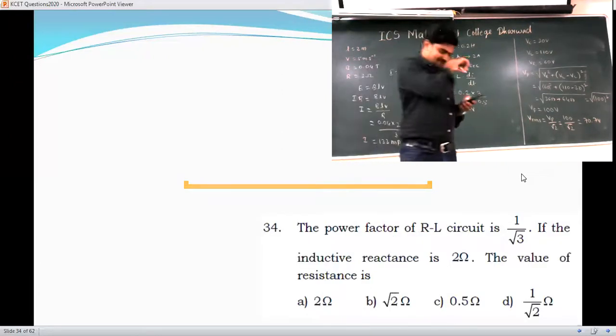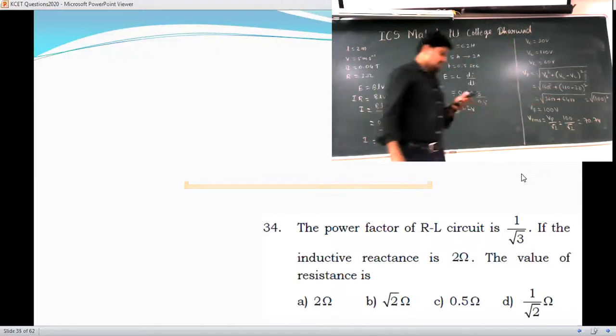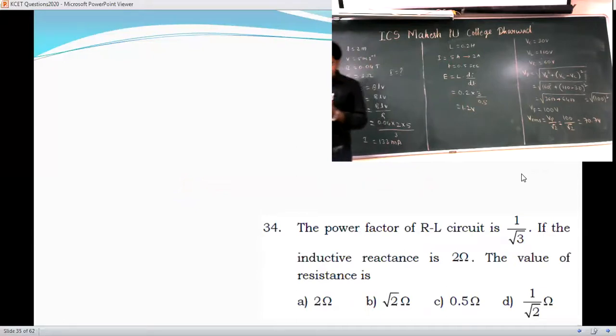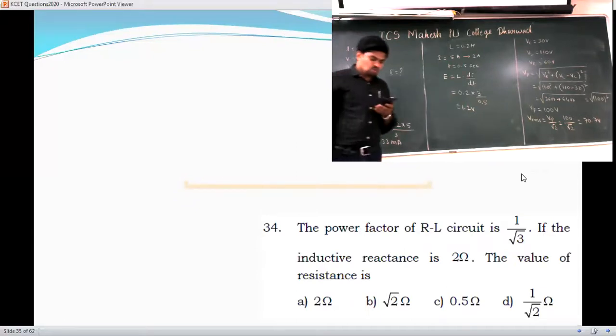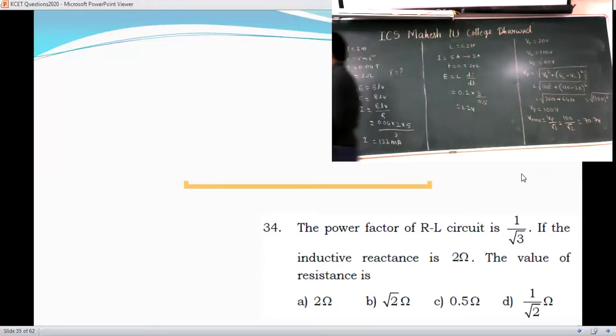The power factor of an RL circuit is 1 by root 3. If the inductive reactance is 2 ohm, the value of resistance is? Yes. So again, this is an alternating current question. What is the power factor they have given?